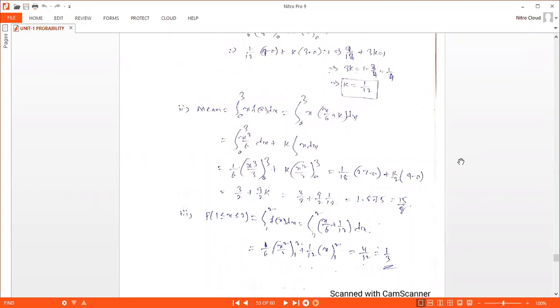Now calculate the probability of x lying between 1 and 2. So probability of 1 less than or equal to x less than or equal to 2 equals integration from 1 to 2 of f(x) dx. So integration from 1 to 2 of (x by 6 plus k, where k is 1 by 12) dx. Integrate with respect to x.